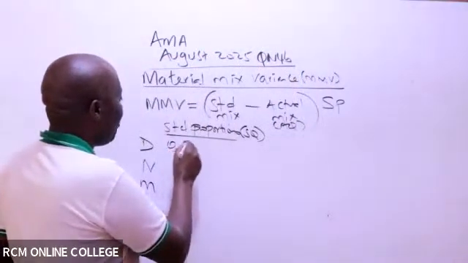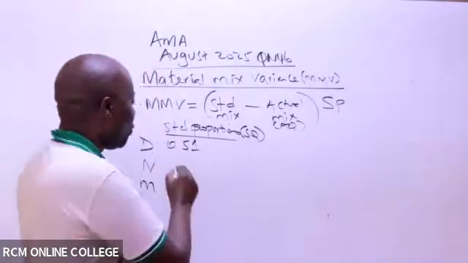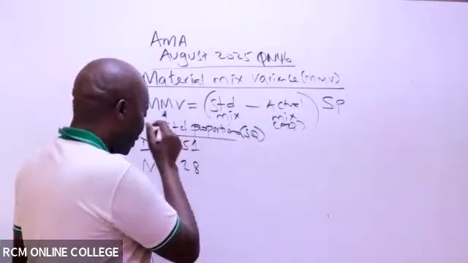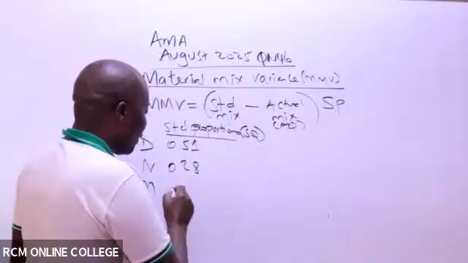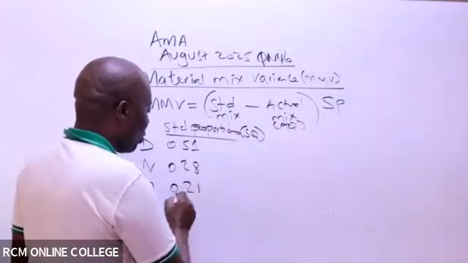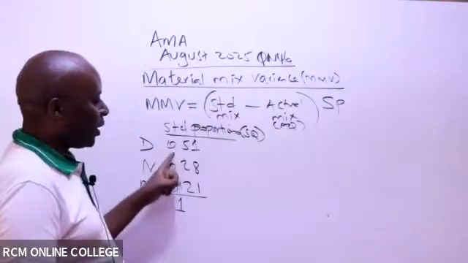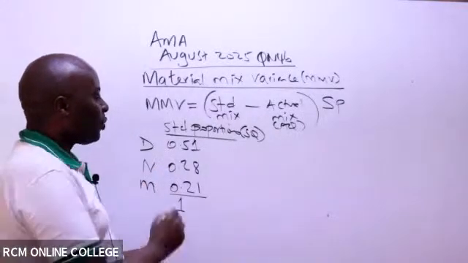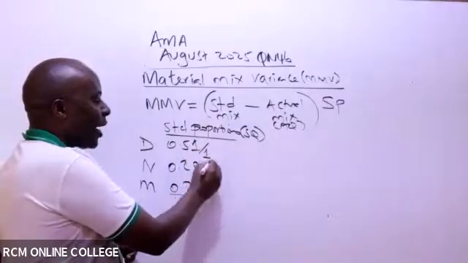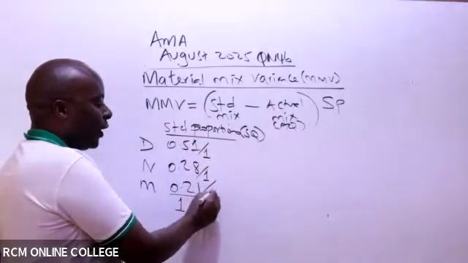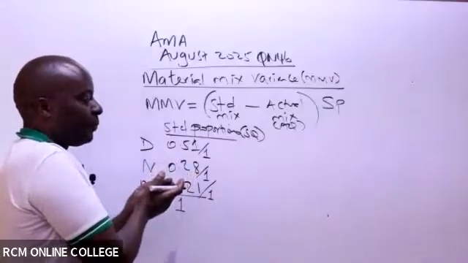N, I need 0.28 kilograms. And then we have M, where we have 0.21 kilograms. So giving us 1, if you add the 3. So in terms of proportions, this will be 0.51 over 1, over the total, which of course will be the same numbers.